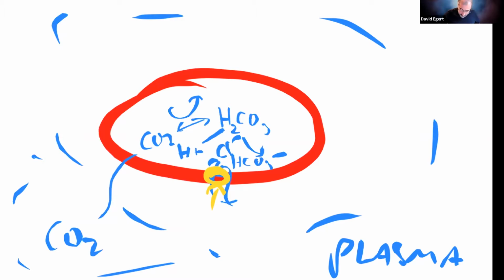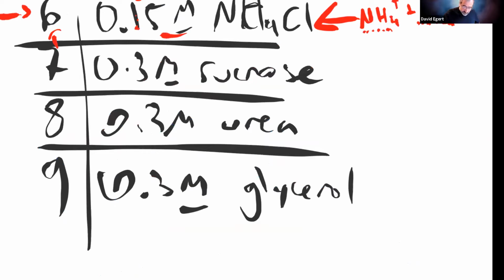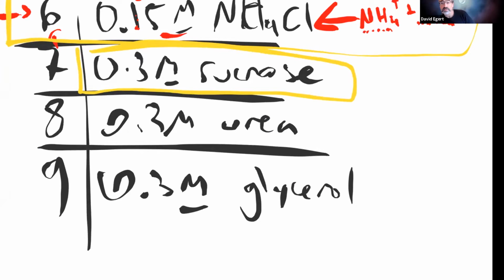All right, back here. So I would say this one is kind of a weird one. I put it in here because it is actually used to selectively lyse RBCs and not white blood cells. What about sucrose? What if I had 0.3 molar sucrose? Isotonic, so no change.